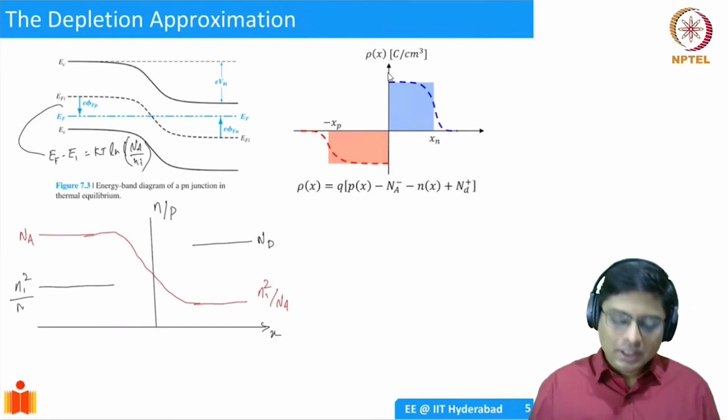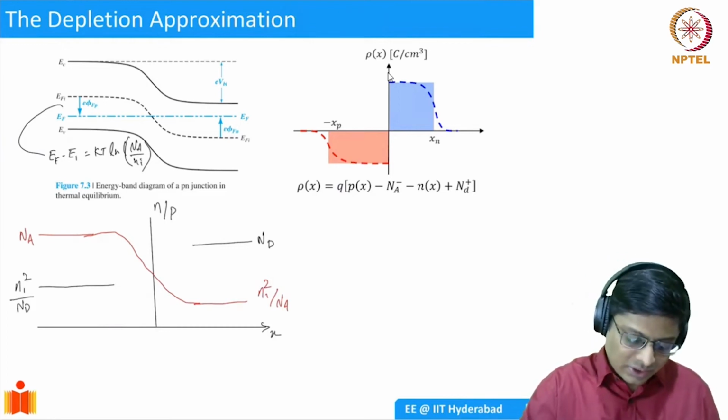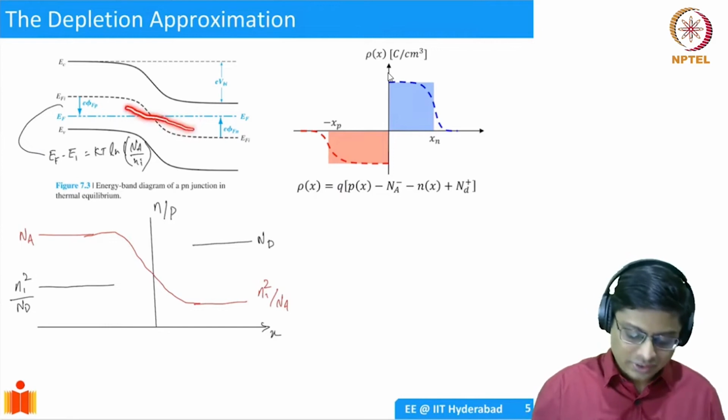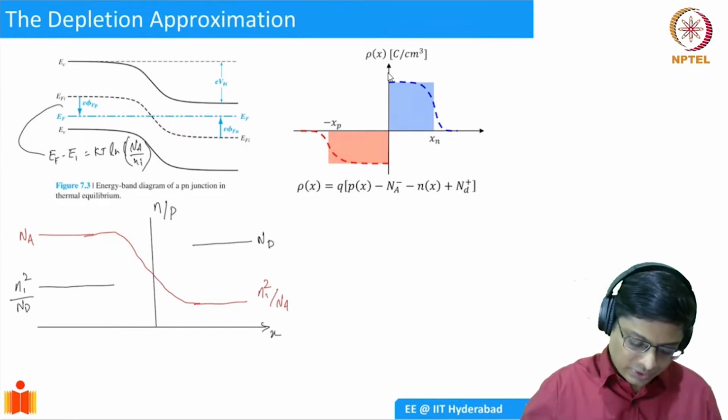Again, the electron concentration is determined by EF minus EI. As you go across, the distance is reducing, so there's a gradual change in the electron concentration, in this fashion.